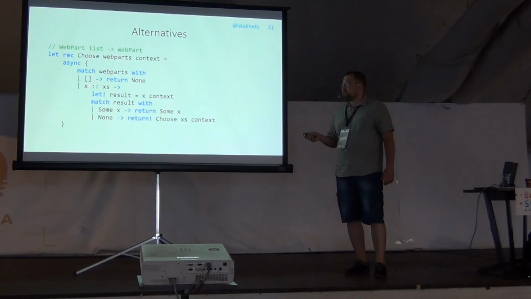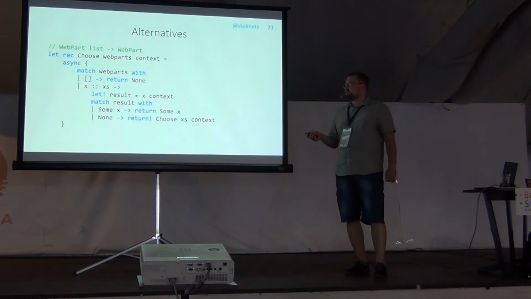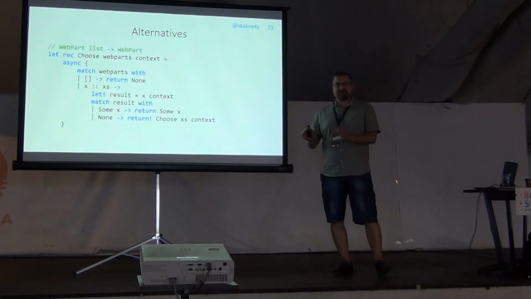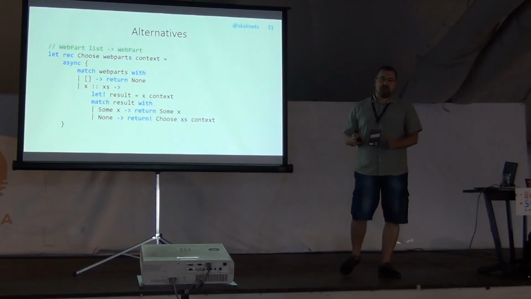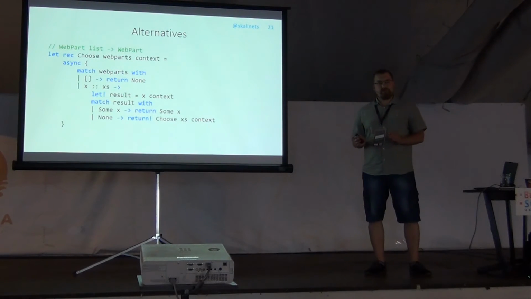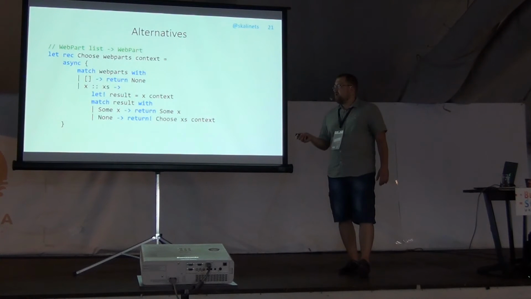But if it's not empty, we are going to the next step. And on the next step, we match it against this construct. And this construct is basically X is the head of the list and XS is the tail. Head is always the first element of the list, and tail is the rest of them. So X will always be there because it's not an empty list. Otherwise, we would finish here. But XS may be empty.